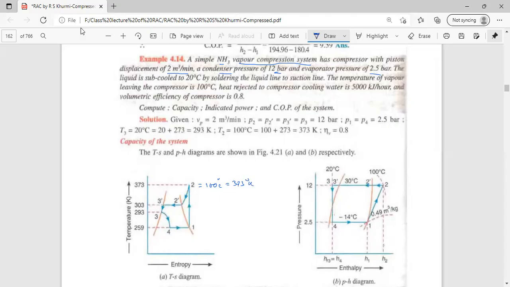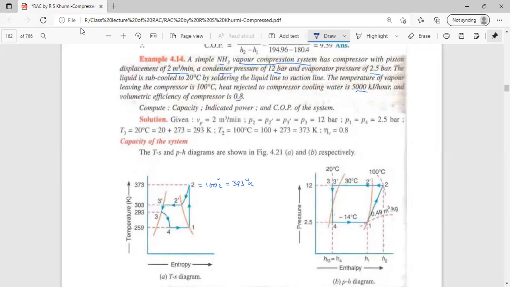Now, heat rejected to compressor cooling water is 5,000 kilojoule per hour, which is already given, and the volumetric efficiency of the compressor is 0.8.